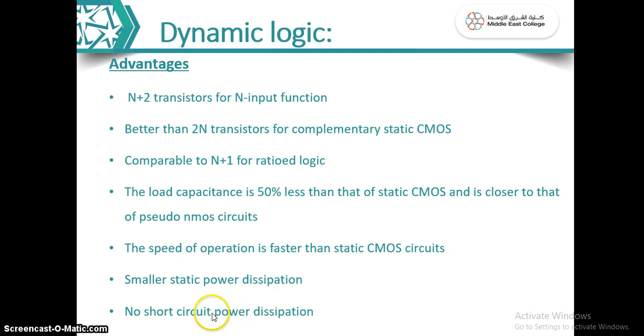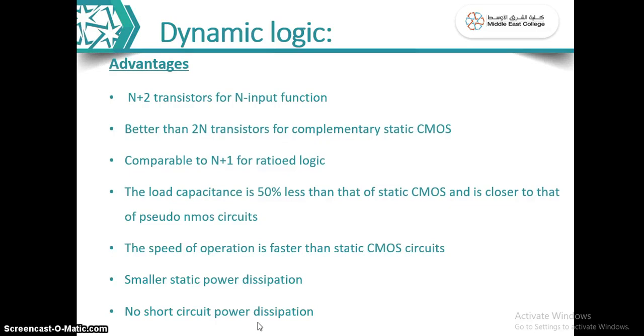Next, there is no short circuit power dissipation when compared to static CMOS circuits. In a static CMOS circuit, when the input is changing from 0 to VDD, in the region between VTN and VDD minus VTP, there is a short circuit path through the PMOS and NMOS networks.